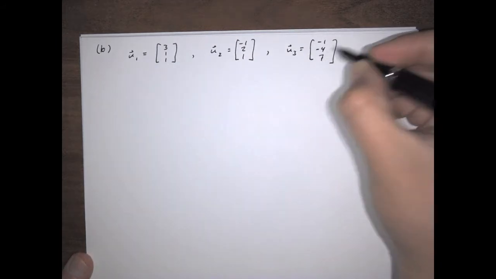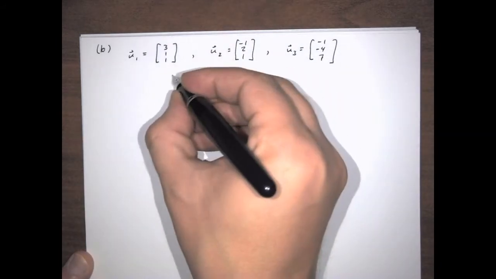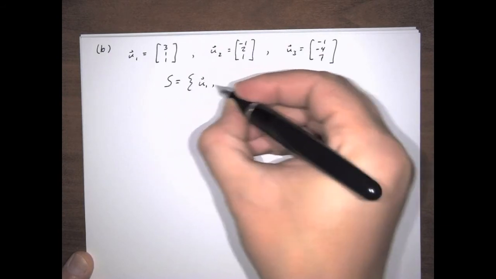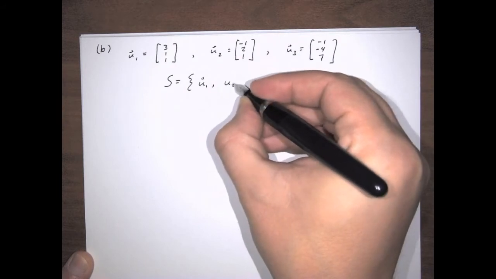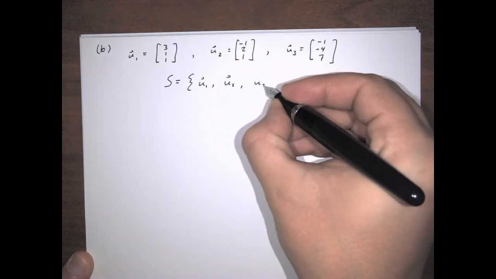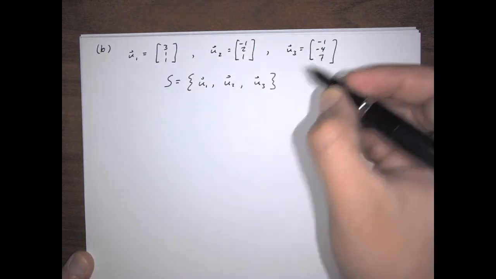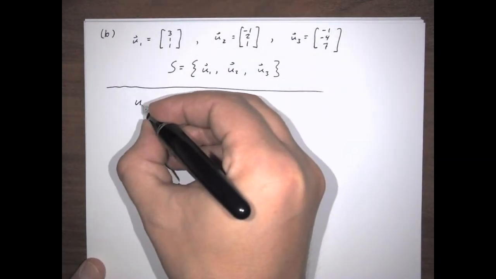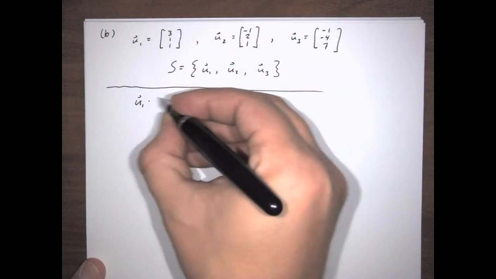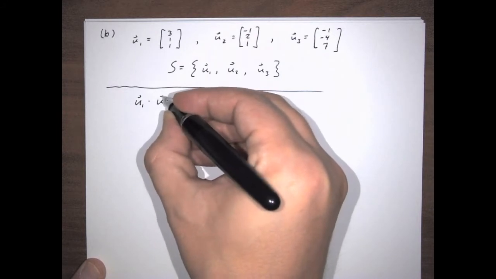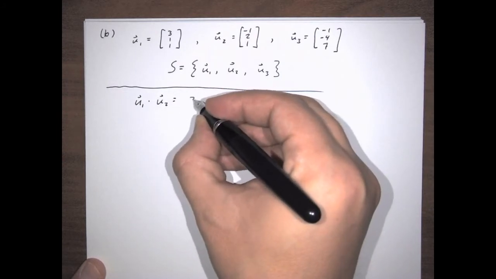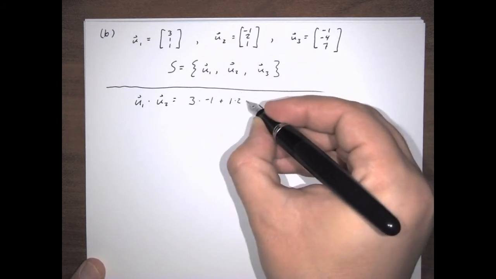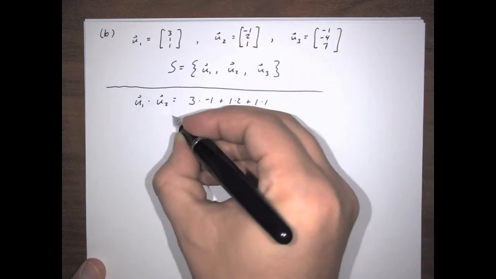So (-1, -4, 7), for example, let's try that. And then the set in question will be S, which comprises these three: U1, U2, U3. Well, U1 dot U2, we already did that, but just for the sake of posterity, 3 times -1 plus 1 times 2 plus 1 times 1 equals 0.